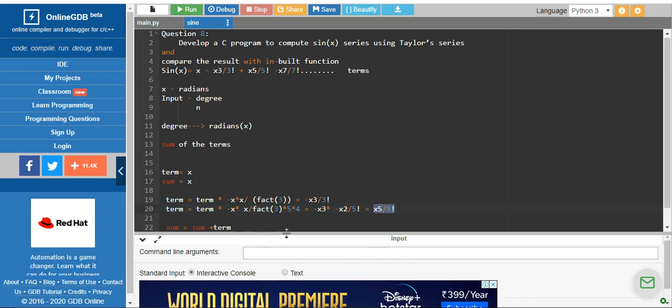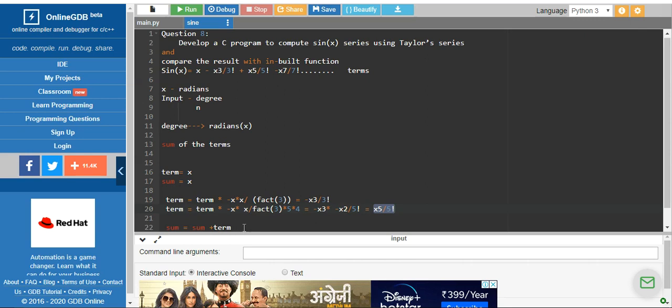After calculating this total sum till n number of terms, that n input we will be taking. Say for example, I want to calculate it for 4 terms, so n is equal to 4. How many terms will happen? First term, second term, third term and fourth term.